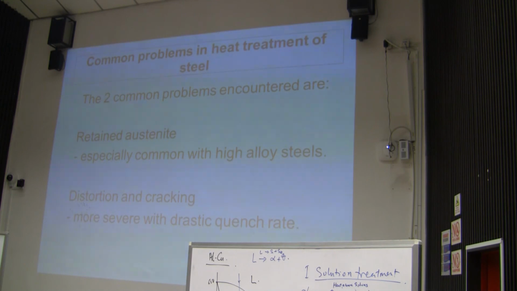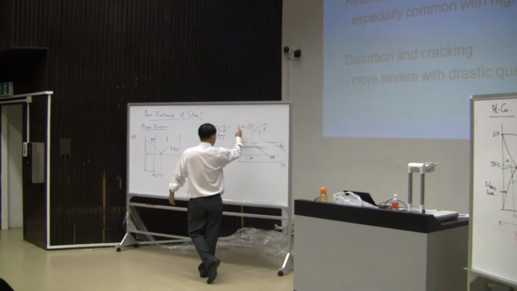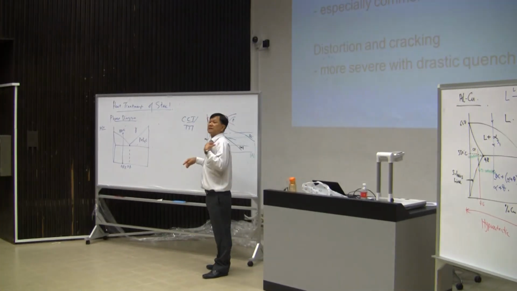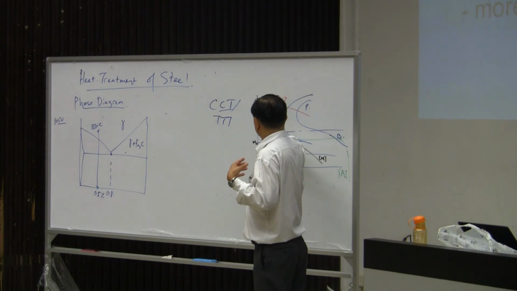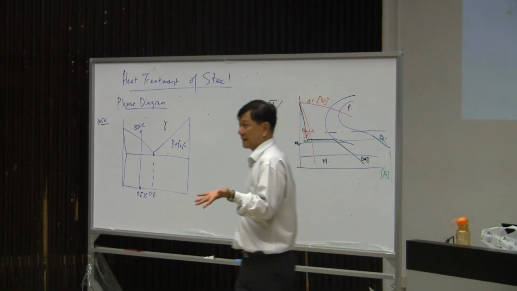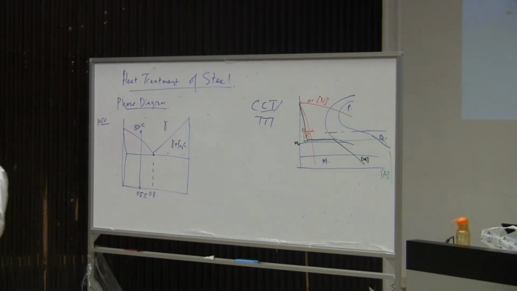Now, if you look at this diagram here, when I do heat treatment after quenching, I would expect my austenite to change to what? Martensite.